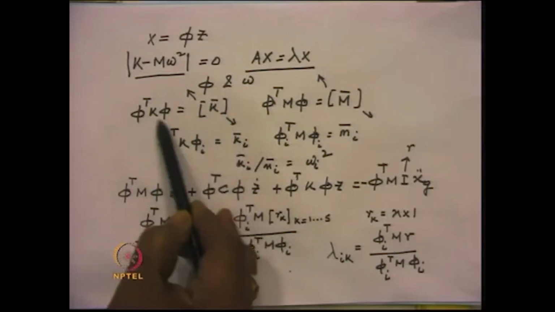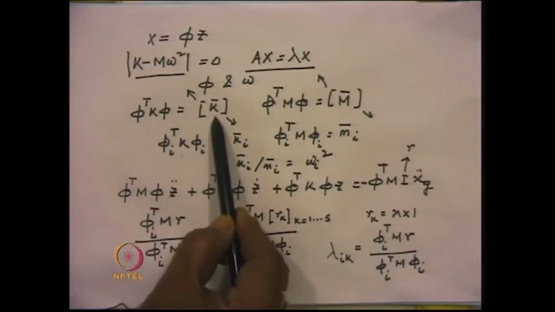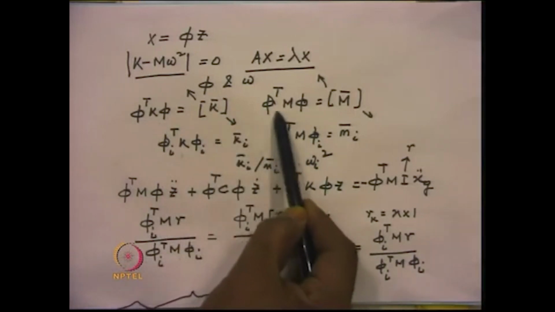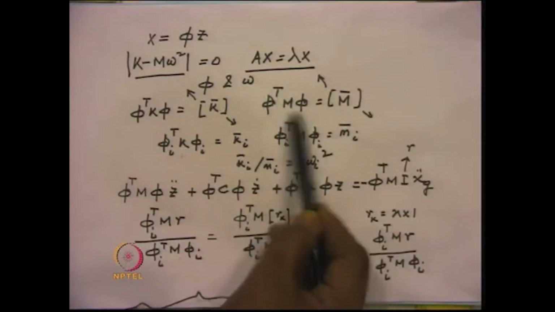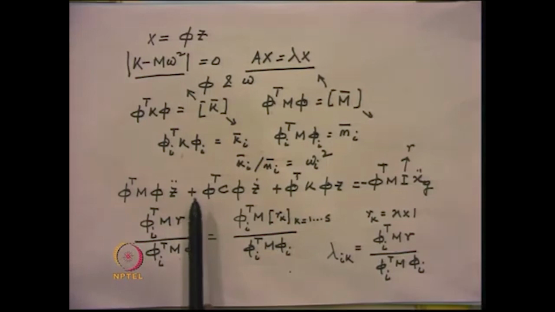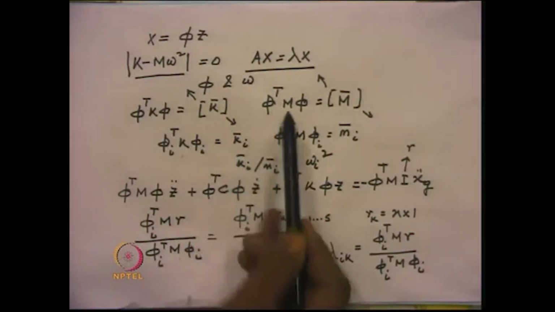So, this turns out to be a diagonal matrix. Similarly, the M matrix becomes a diagonal matrix because this is also orthogonal with respect to the mass matrix.